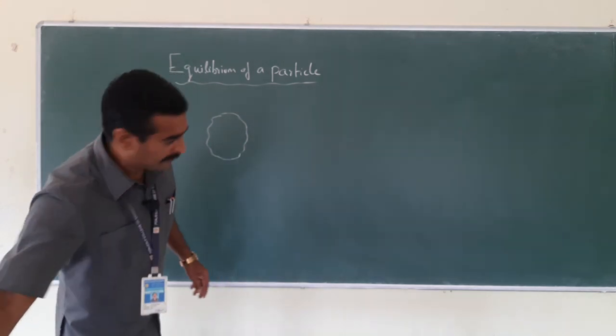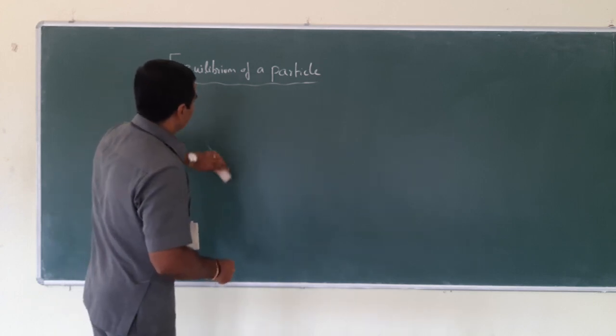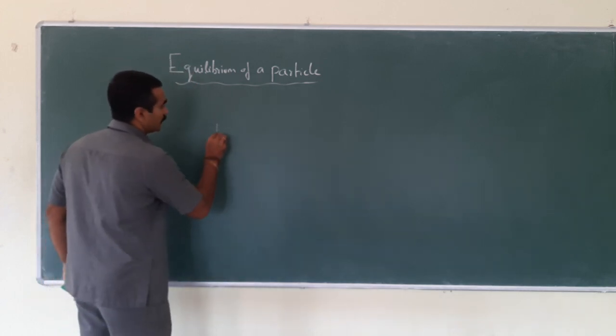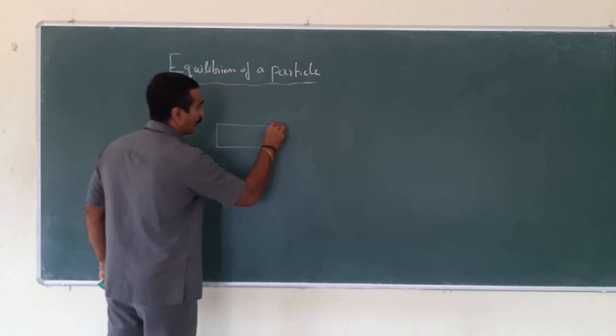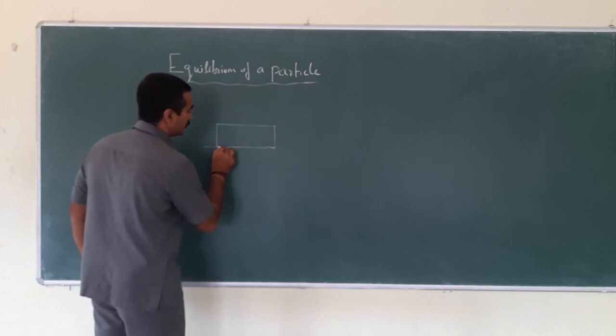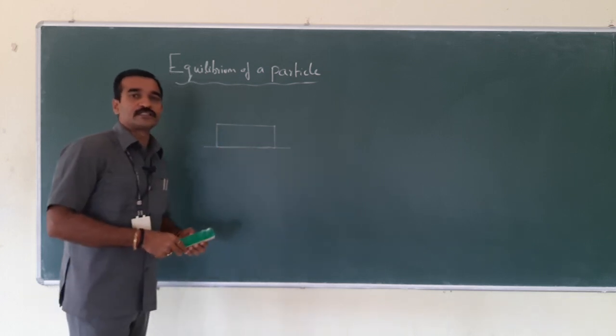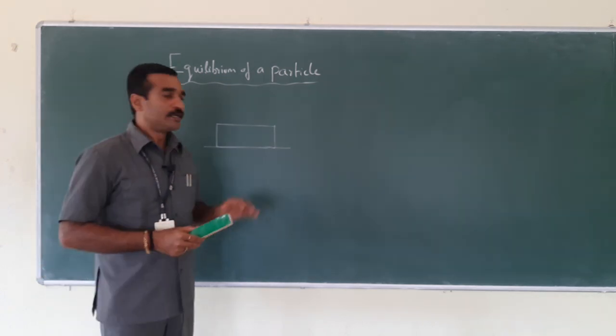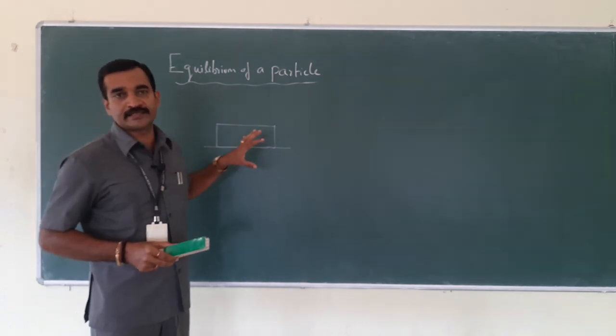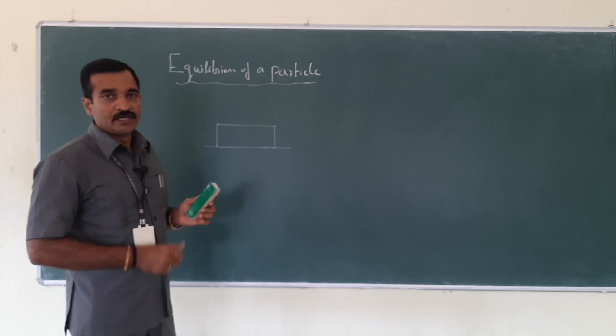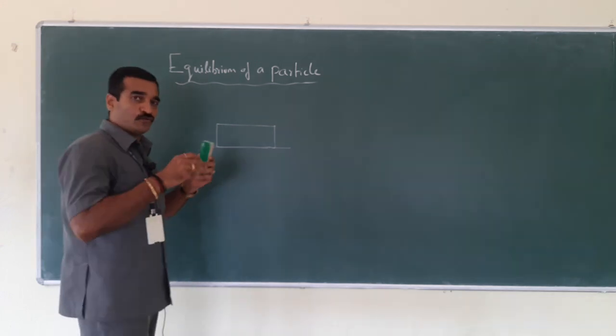So, in place of this body, I am going to keep a rectangular body. Okay. So, it is the surface. Over the surface, a body is being placed. Now, it is in the static condition. That is nothing but the rest condition. Going to apply forces.